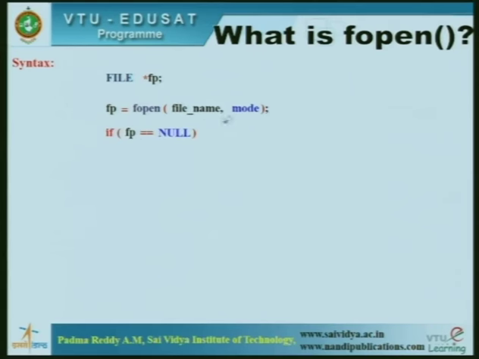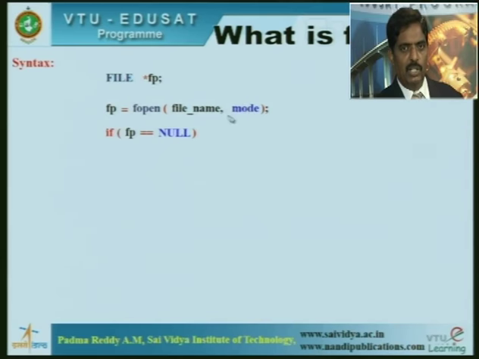You can open the file in read mode, write mode or append mode. Suppose I open the file in read mode, the file must exist. If the file is not present, fopen returns null. So fp now contains null. If fp equal to null, it means an error in opening the file, the file may not be there.